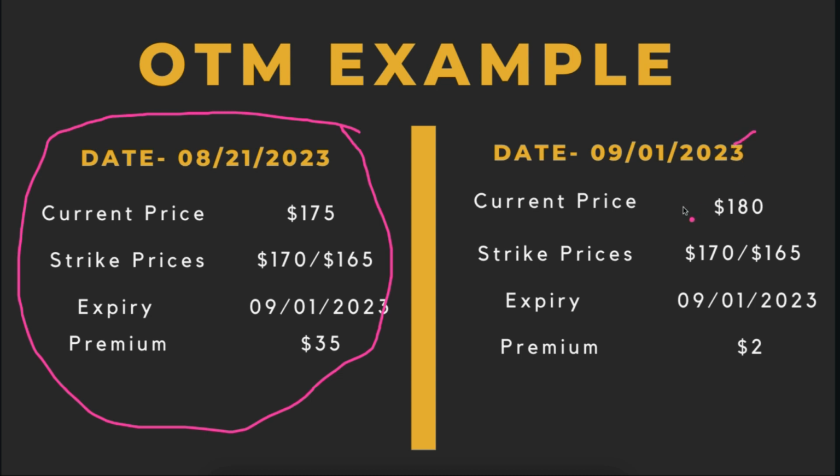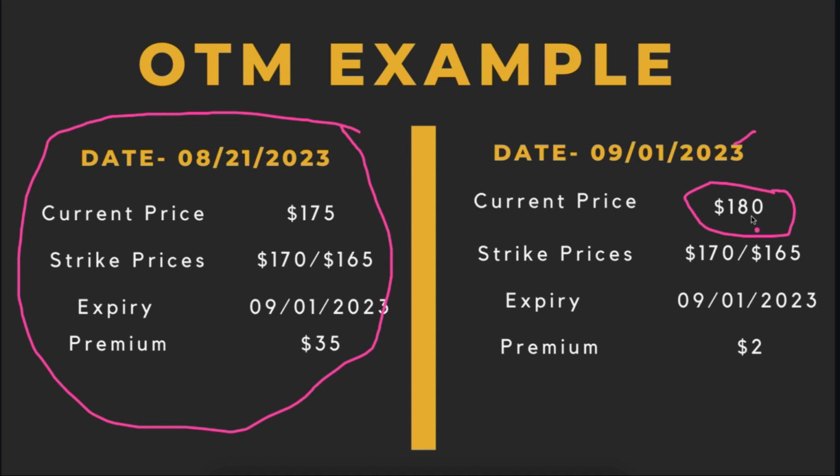The Apple price has gone up to $180. In this case your position would be considered out of the money, because it is out of the money from both your strike prices, 170 and 165. This is far out of the money, and this is a very favorable position. This means the trade has gone in your favor.